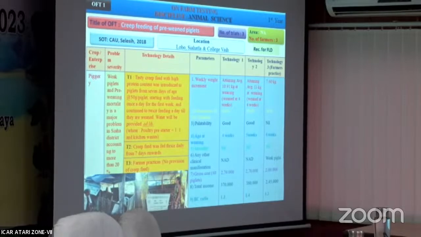In T2, creep feed was fed twice daily from 7 days onwards, and under T3 farmers practice, no creep feed was given. So as we can see here, the average weight at weaning under T1 was 10.91 kg, and under T2 average weight was 11 kg, and under T3 was 7.60 kg.